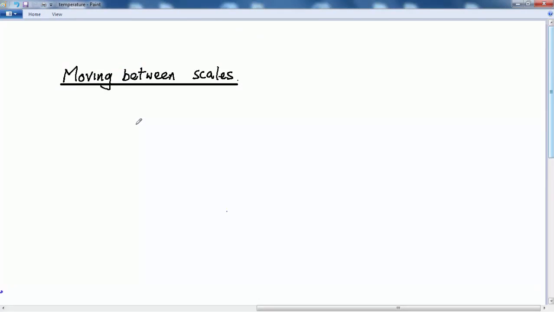So if we want to move between the two scales, for example, if we're given the temperature in degrees Celsius and we want to find out the temperature in Kelvin, then we have to shift by either plus 273 or minus 273, depending on which way we want to go. So if we're given the temperature in Kelvin and we want to find the temperature in Celsius, then we just take 273 from our value.